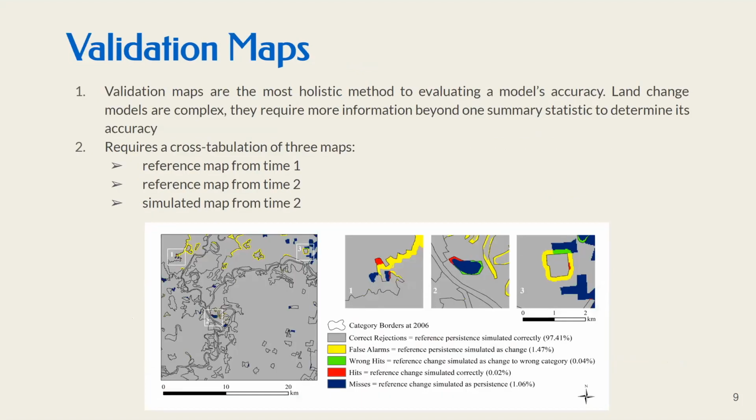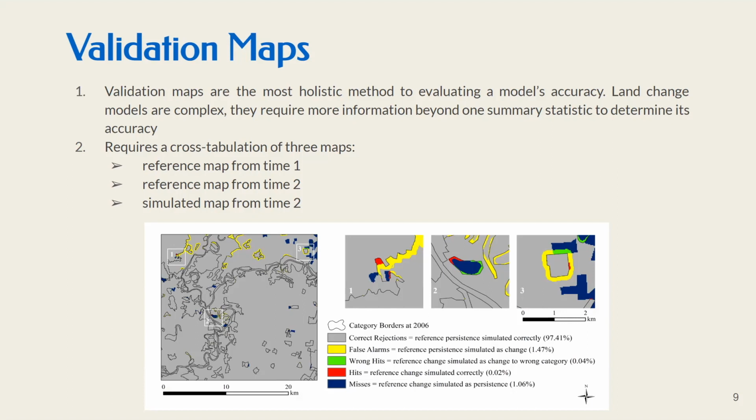Three-way map overlay validation is the most holistic method to evaluate a model's accuracy. Land change models are complex, and as a result, they require more information beyond one summary statistic to determine accuracy. A cross-tabulation of 3 maps is required to validate the land change simulation.